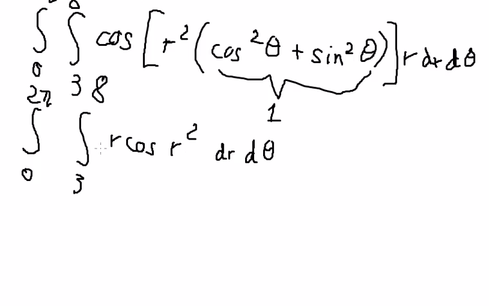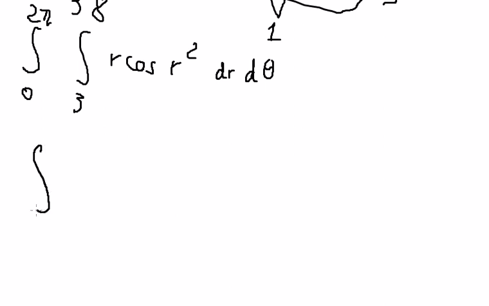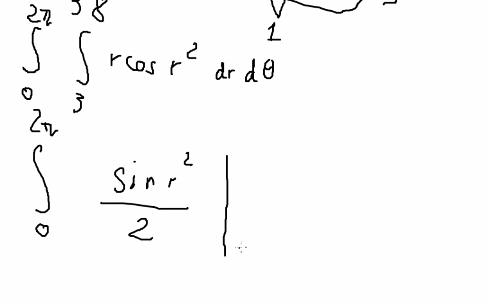So in this situation, the integral of r cosine r squared dr, we got sine r squared over 2, and we put 3 and 8.